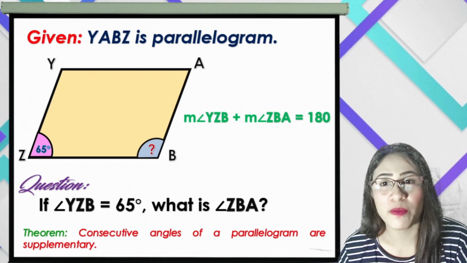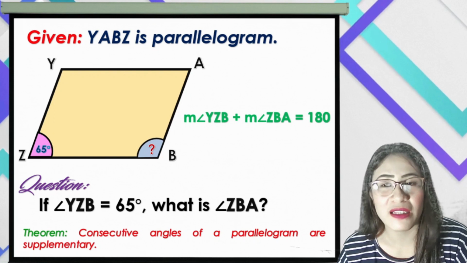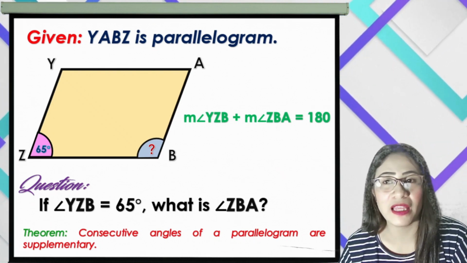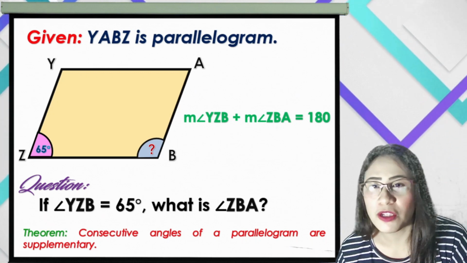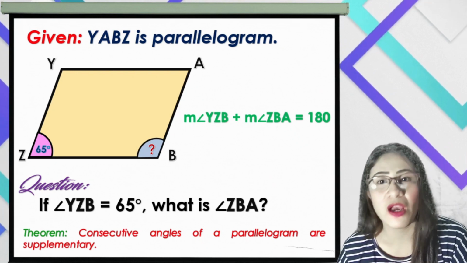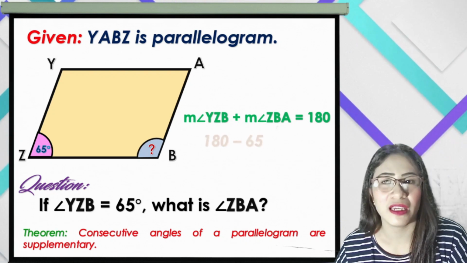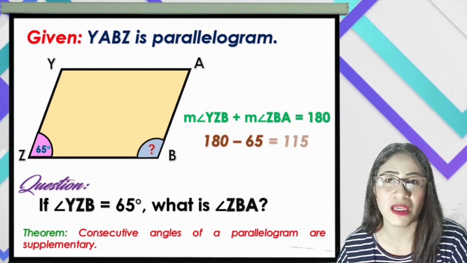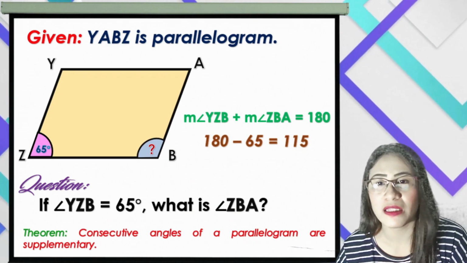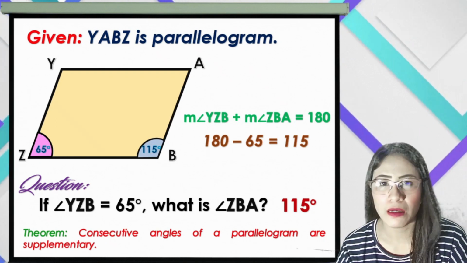When we add the measurement of angle YZB and the measurement of angle ZBA, it is 180 degrees. The measurement of angle YZB is 65 degrees, so we just subtract 65 from 180 degrees. 180 minus 65 is 115. Therefore, the measurement of angle ZBA is 115 degrees.